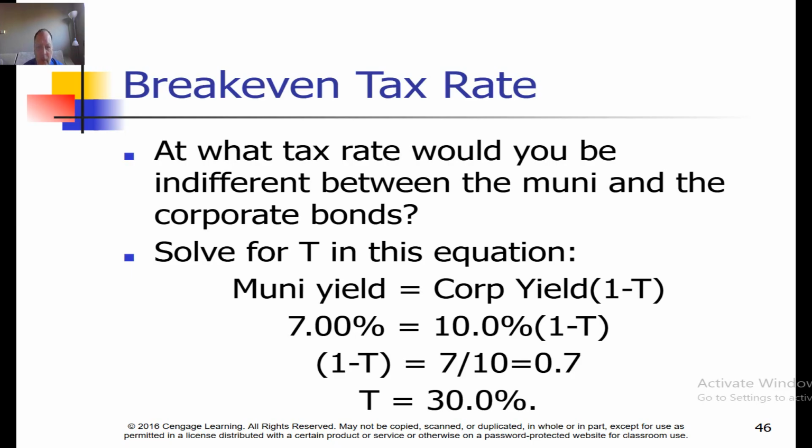We can rearrange that equation, and 1 minus t is 0.7 or 70%, therefore t is 30%. So a wealthy, high-taxed investor is going to be better off in municipal bonds, whereas a poorer, lower-income investor is better off in private bonds.